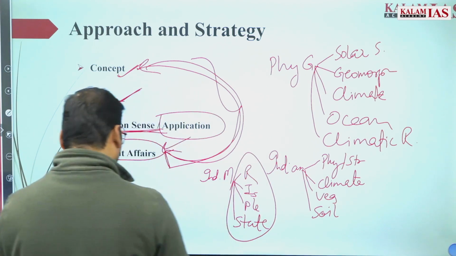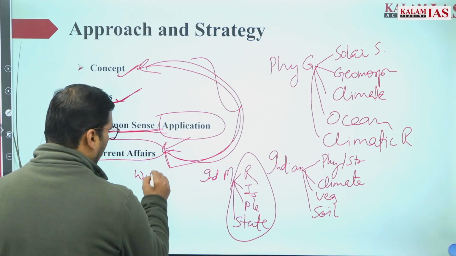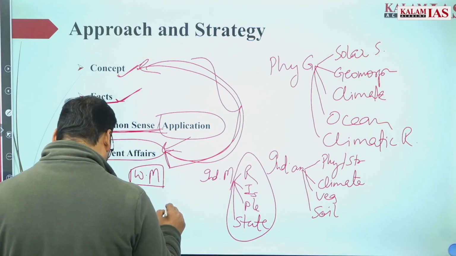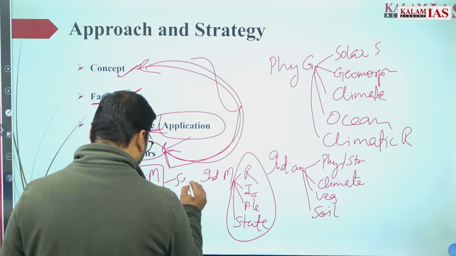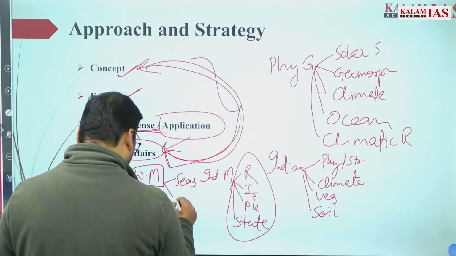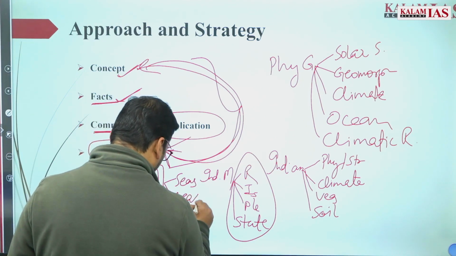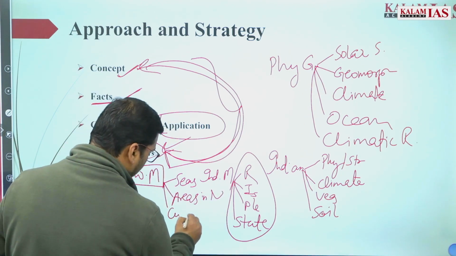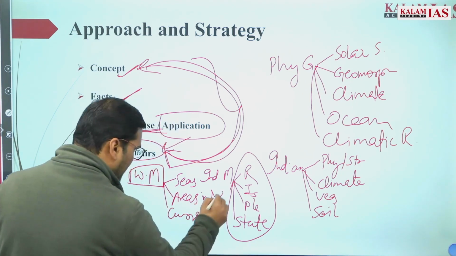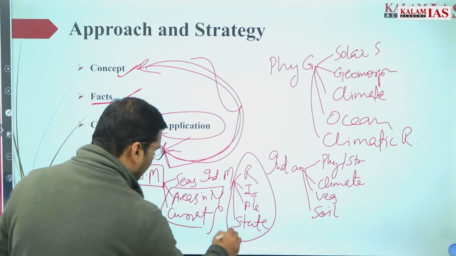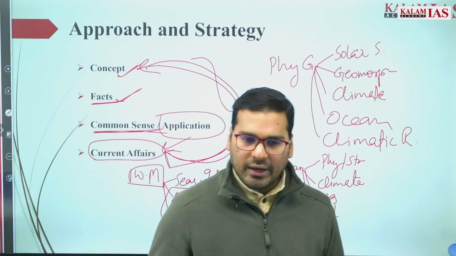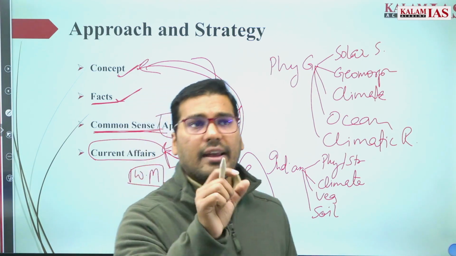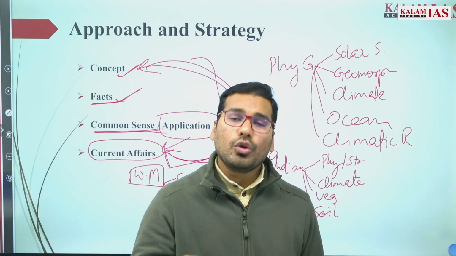Then comes the world mapping. World mapping. Here again you will get a lot of themes and sub themes, like seas, like the areas in news, and also the current affairs, which are both related. For example, if something is going around, or the Ukraine-Russia war has been in news, so what areas you must pick and you must choose to prepare on?